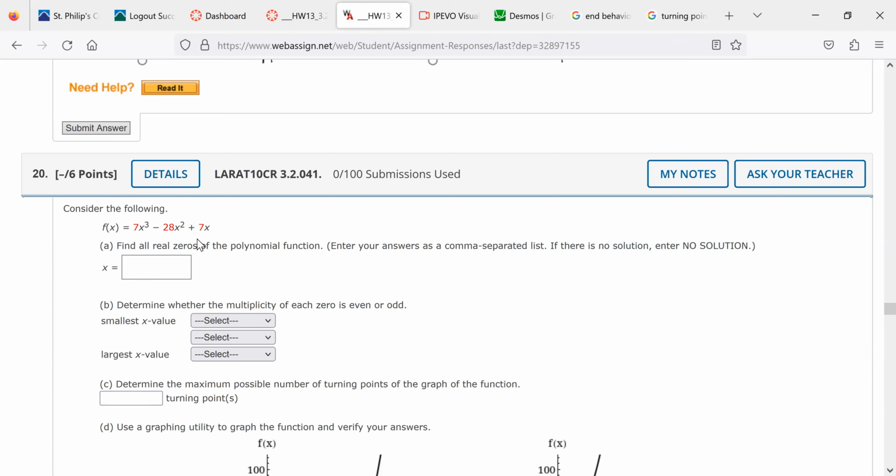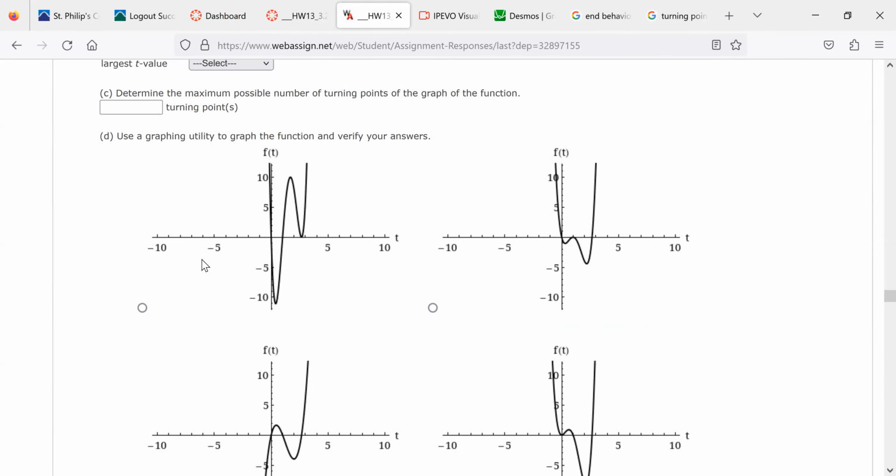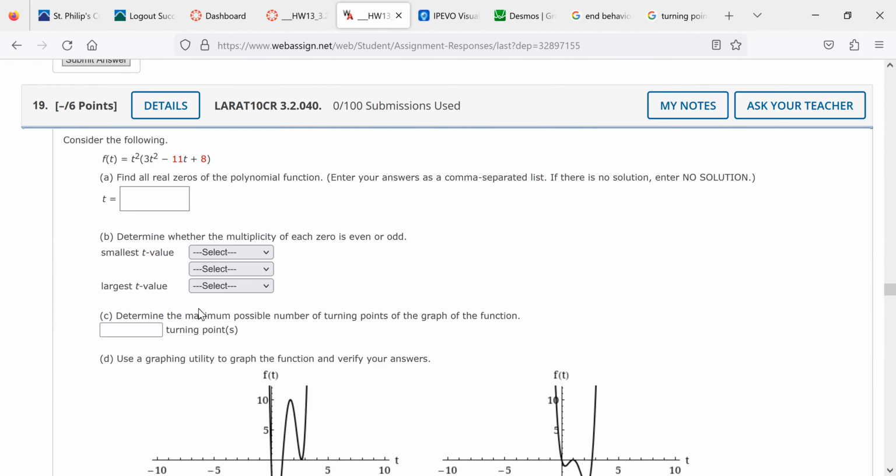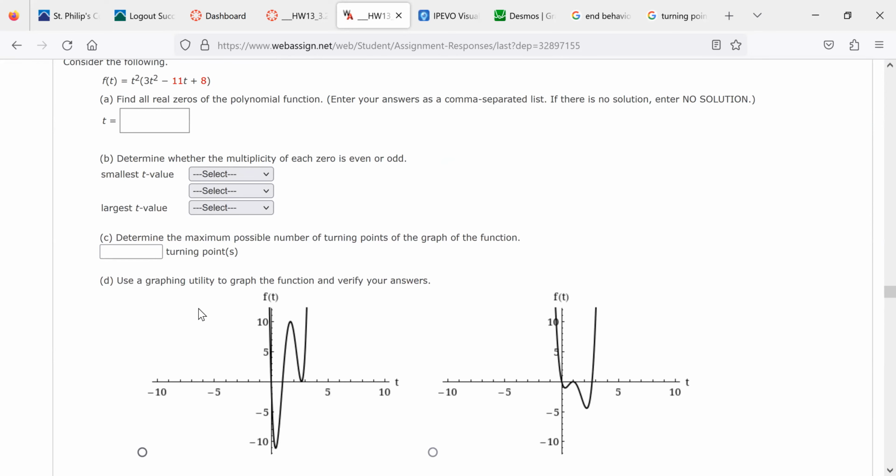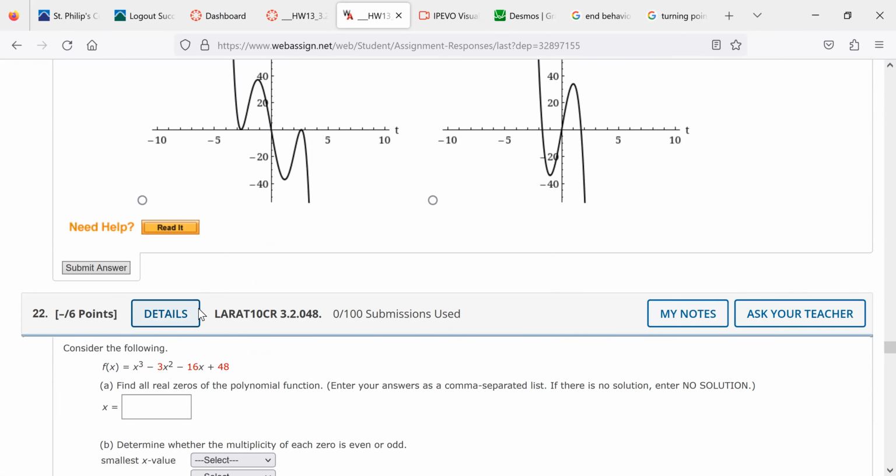Here you might have to do quadratic formula, which I don't want to do. It's just tedious. But you see it's the same thing, right? Trying to find something different.